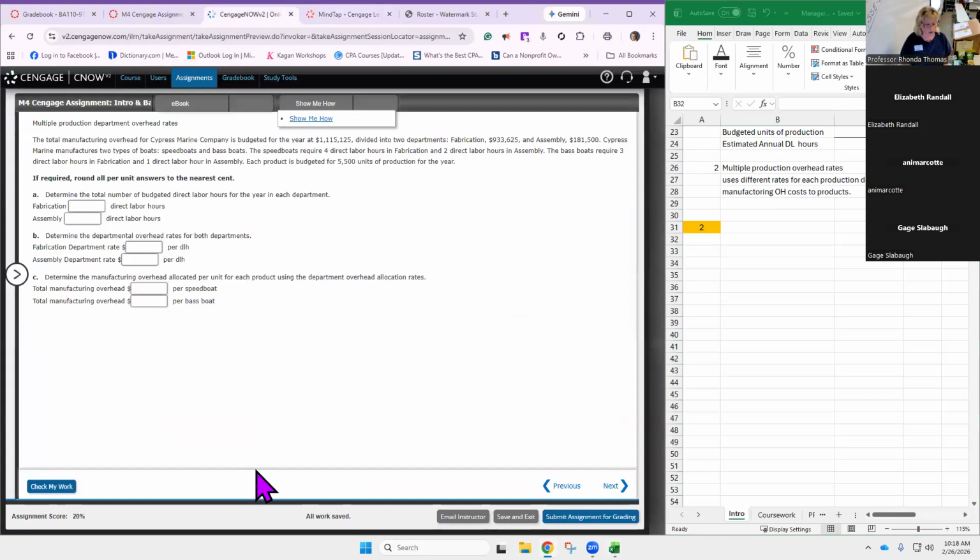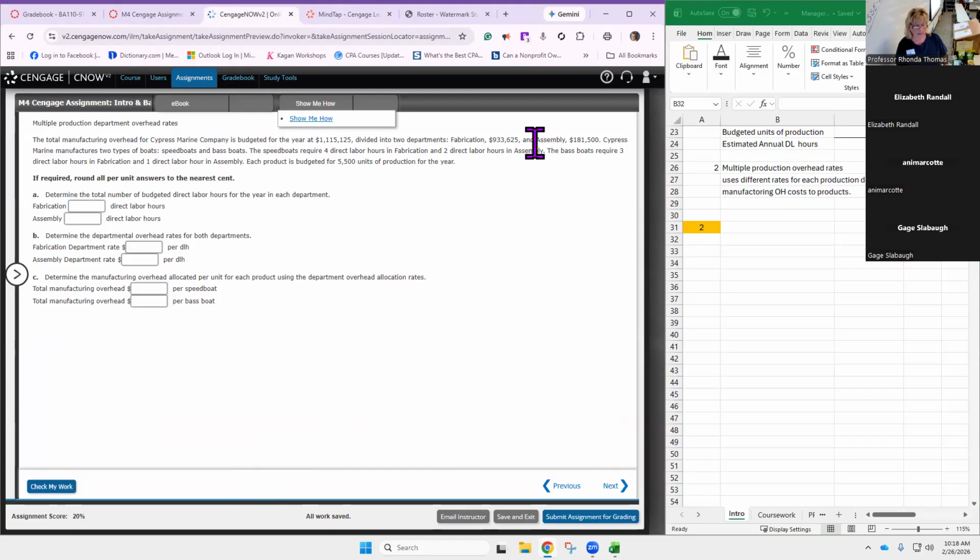So total manufacturing overhead for this same company. We have Cypress Marine Company. The total manufacturing overhead is $1,115,125. It's divided into 2 departments. So we're going to have a fabrication department, and this is how much overhead goes with that department.